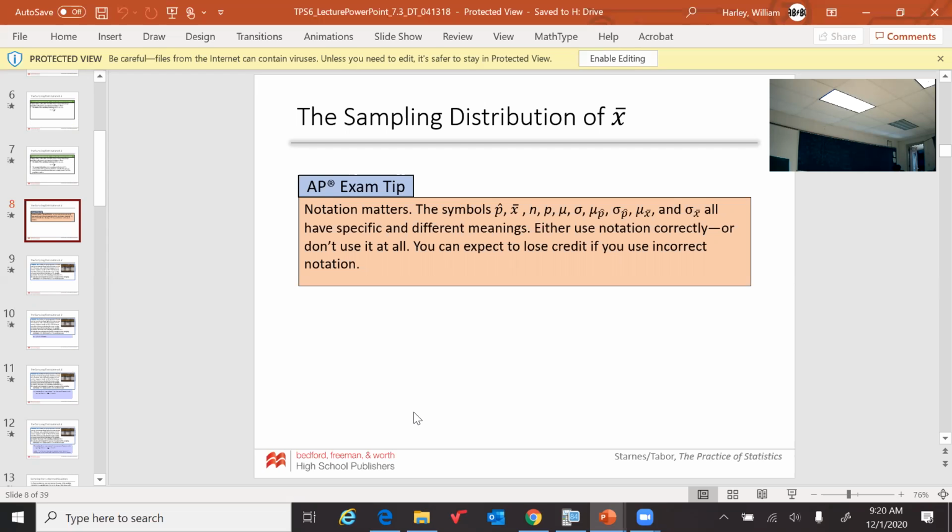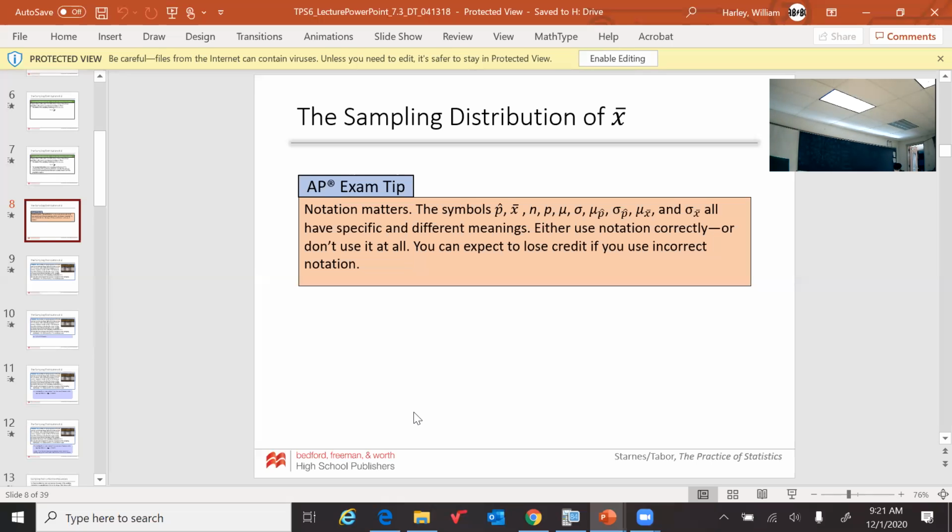Sigma is the population step, the spread. All that is pre-chapter 7. The last word from chapter 7, mu of p hat is the center of the sampling distribution of sample proportions.